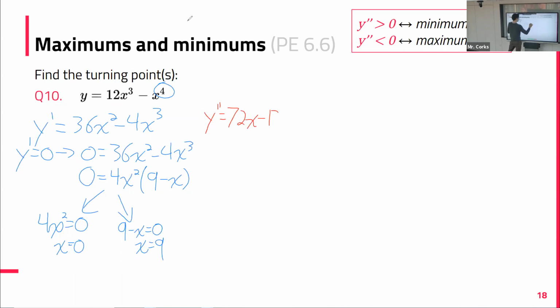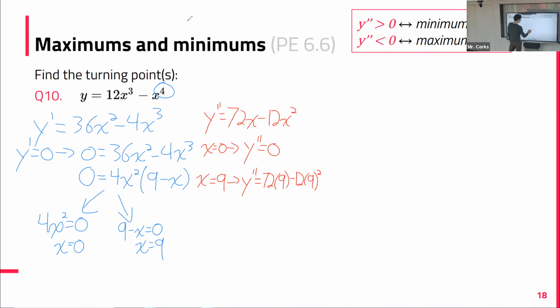72x minus 12x squared. Okay, so if we substitute in these points, when x is equal to 0, the whole thing is just 0. So second derivative will be equal to 0. When x is equal to 9, second derivative is 72 times 9 minus 12 times 9 squared. Is this negative? Okay, so negative number here.